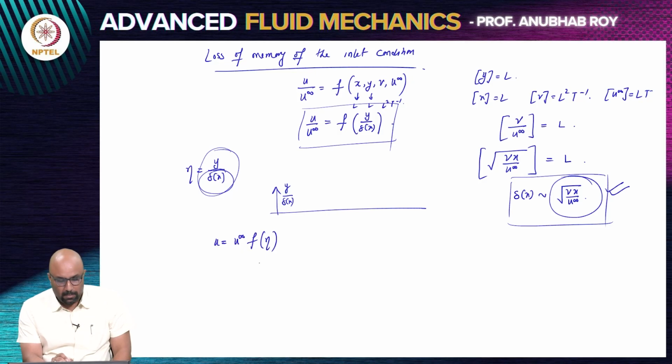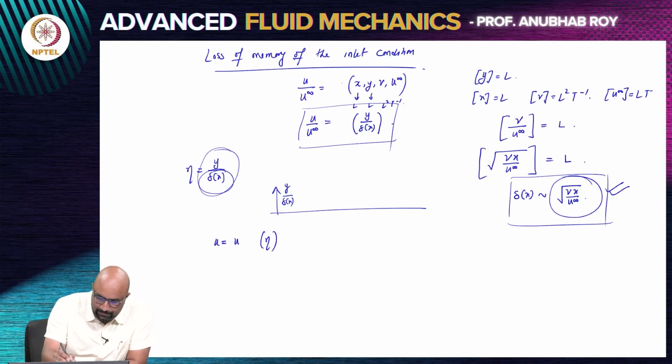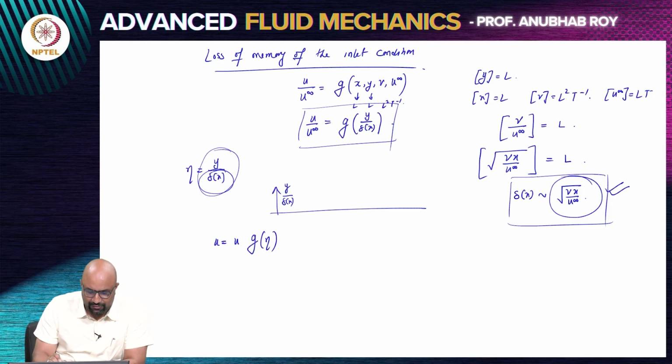Now, for the sake of keeping the variable consistent with what we will introduce later, I will just call this function g instead of f. It's just to keep it familiar to how the boundary layer equations will work out.